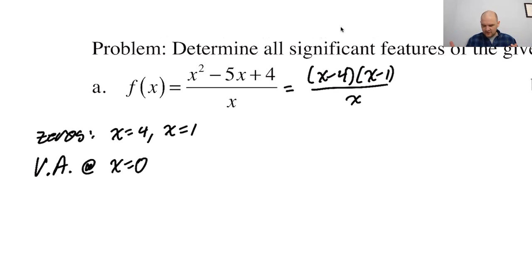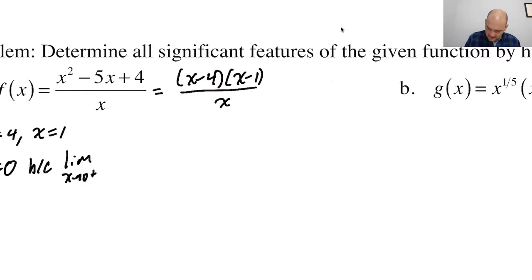And why is there a vertical asymptote at x equals 0? Well, I need the limit as x approaches 0 from one side or the other to be infinity or negative infinity. So I'm going to say because the limit as x approaches 0 from the right. Let's do a little sign chart here for f. So f, it's going to be 0, 1, 4.